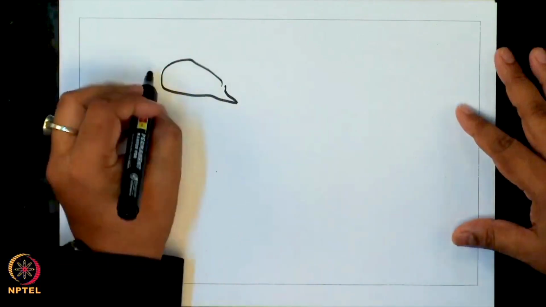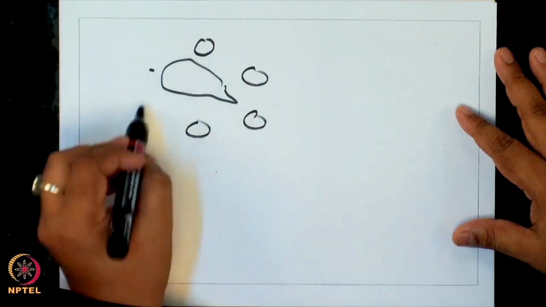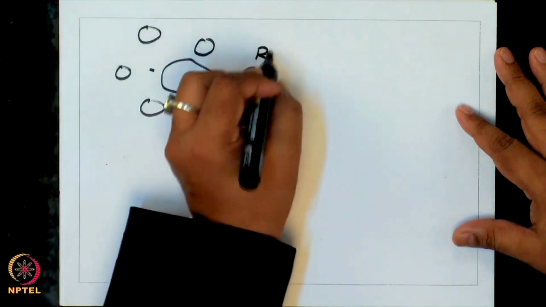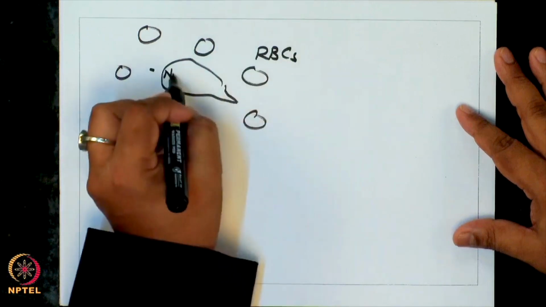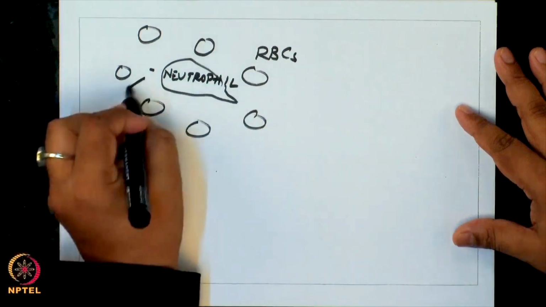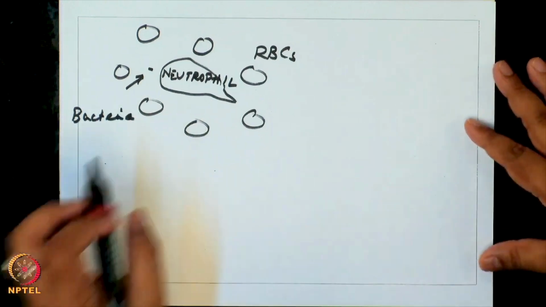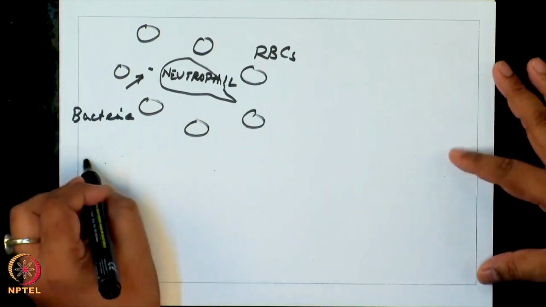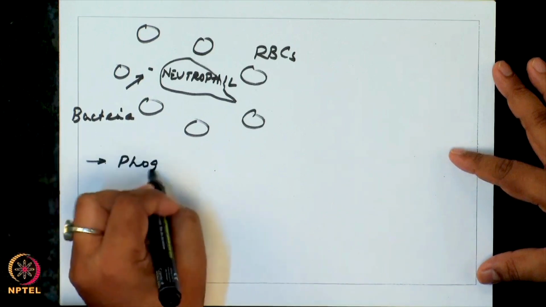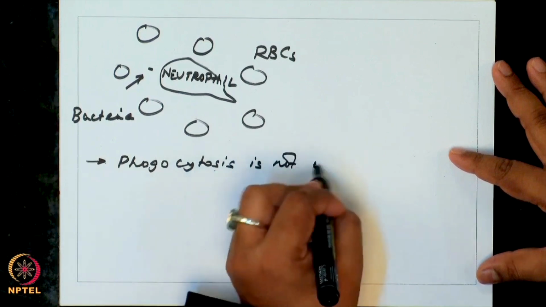So, what you would find is a picture somewhat like this. You have a neutrophil, you have a tiny bacteria, and surrounded by these are RBCs. This is your neutrophil, and this is your bacteria. So, if you play the movie, you will see that this phagocytosis is not instantaneous.